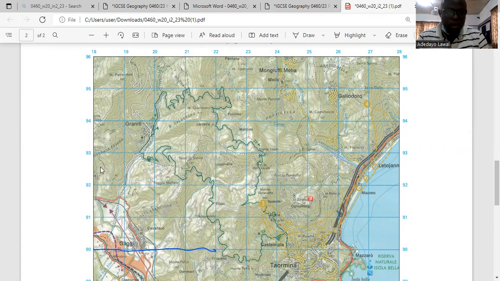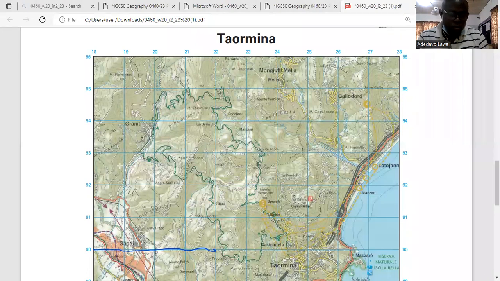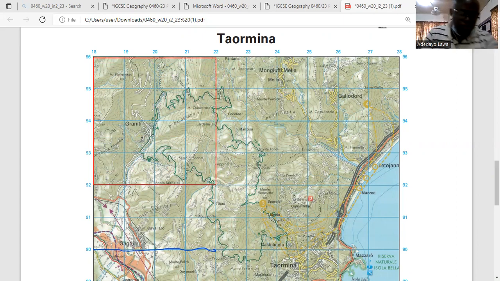So this is the area. If it is 22, I can't see it here, so I'm just assuming somewhere around here. So what can you say about the relief? Well, I can say that it is hilly. Let me zoom it so that I can see.